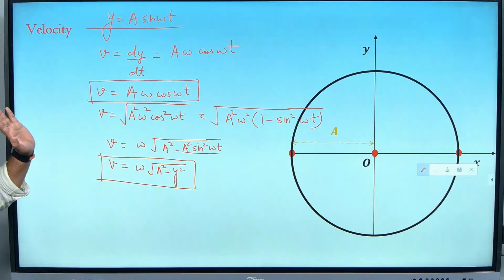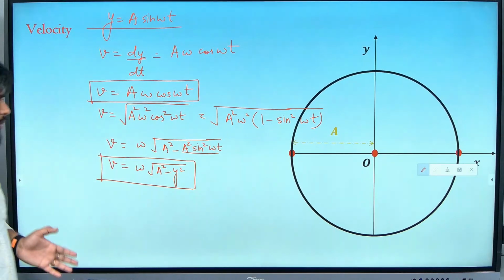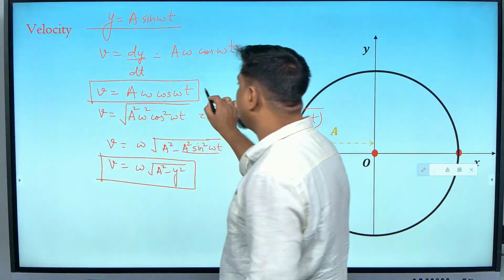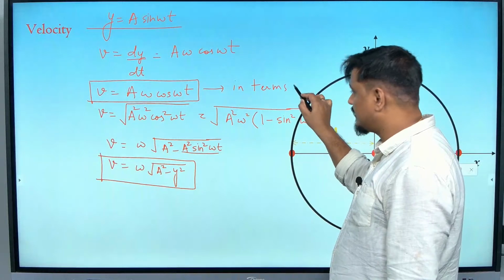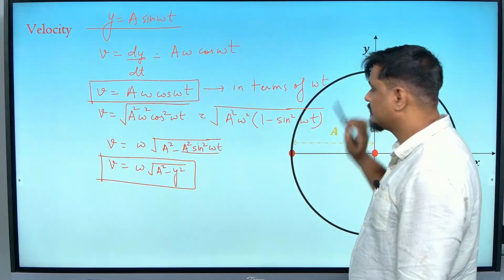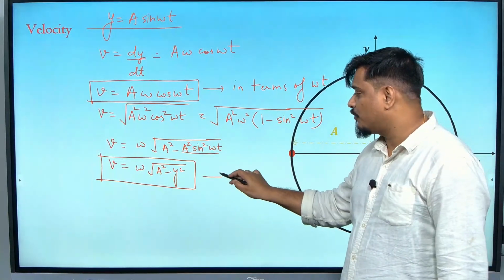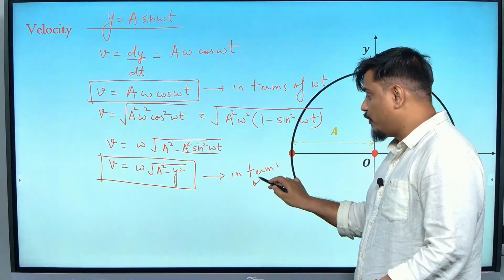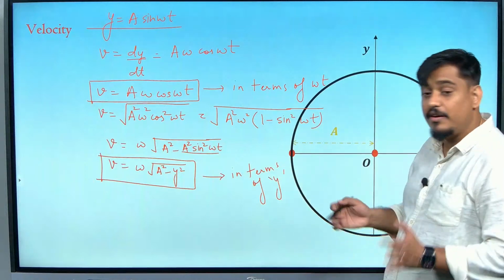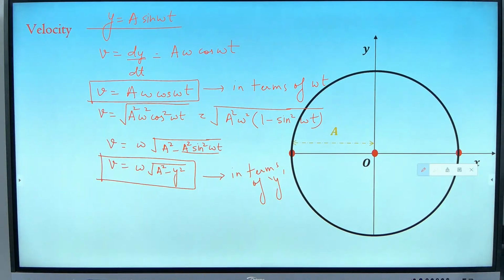Both we can use, our wish. Easy, I know, but this is the equation of velocity in terms of omega t, and this is in terms of displacement, isn't it? So we don't know which we want to use in the future, so we are learning both, safe, right?